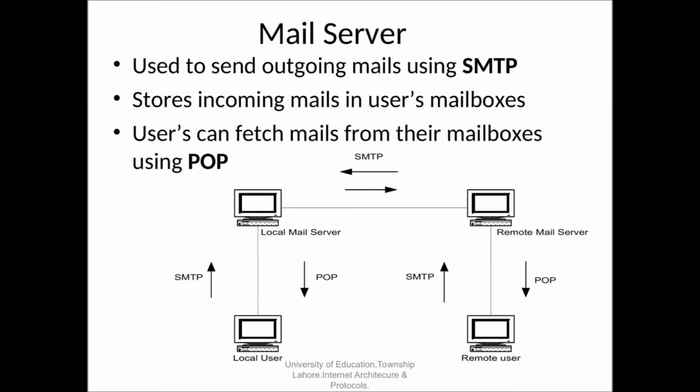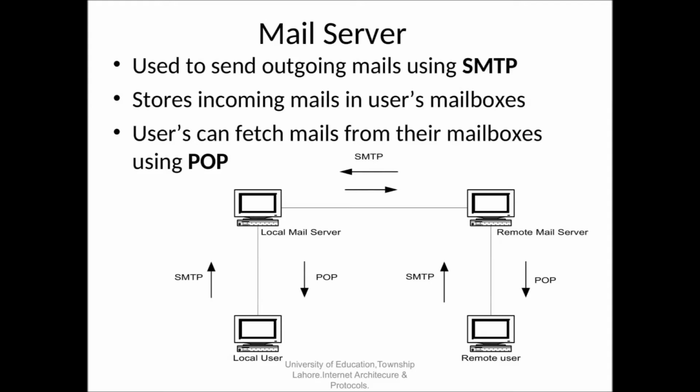So dear students, you can see a diagram over here. There are two users, a local user and a remote user. The request of the local user will be processed by the local mail server and the request of the remote user will be processed by the remote mail server.